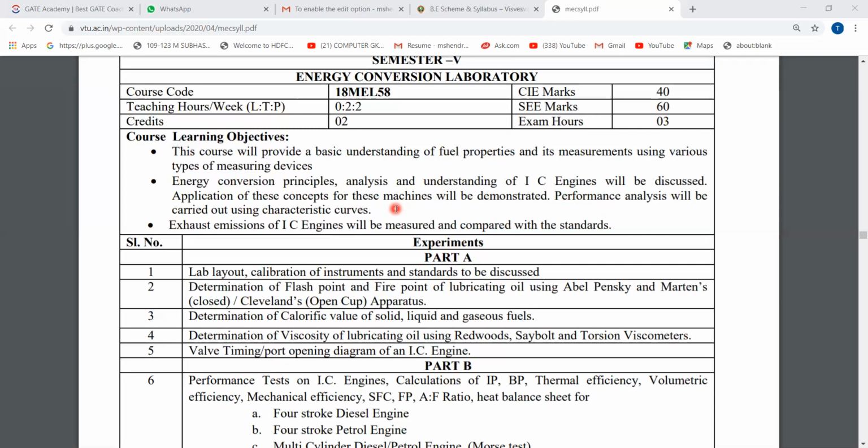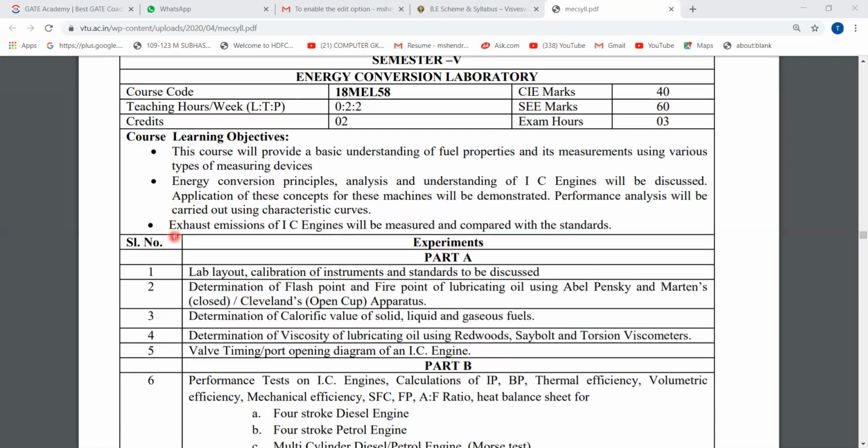After calculating the values of these parameters, we are going to plot the performance curves for further analysis. Already you have studied how to calculate the values of IP, BP, FP, mechanical efficiency and various types of efficiencies in your applied thermodynamics course, in the module on IC engines.